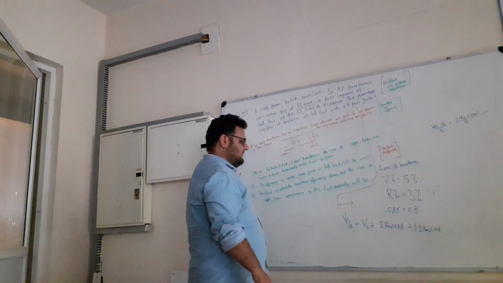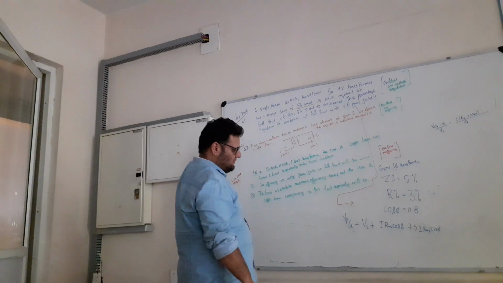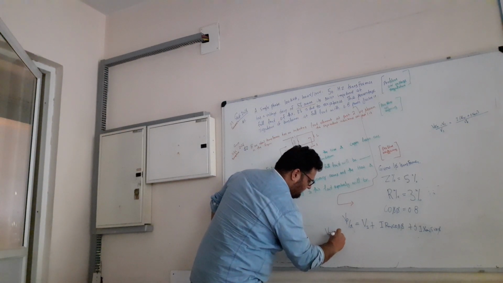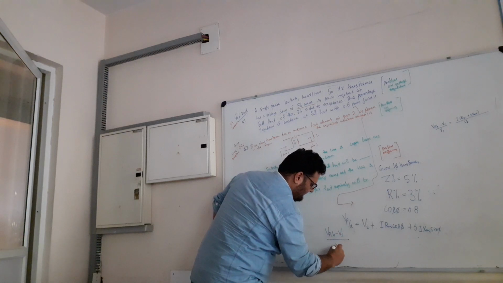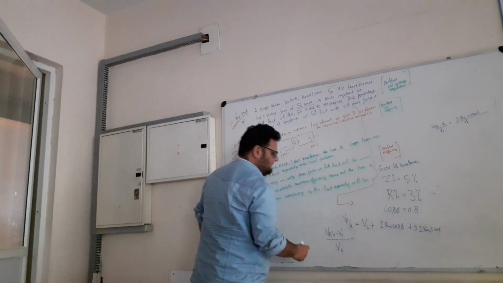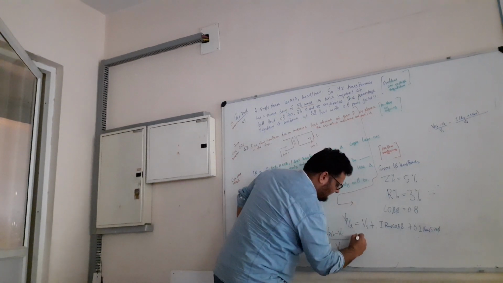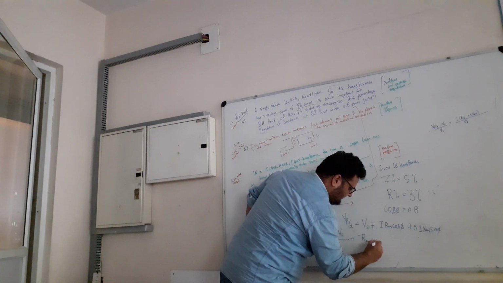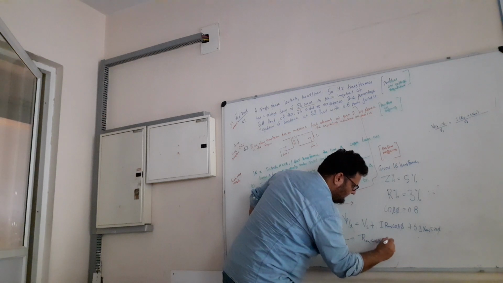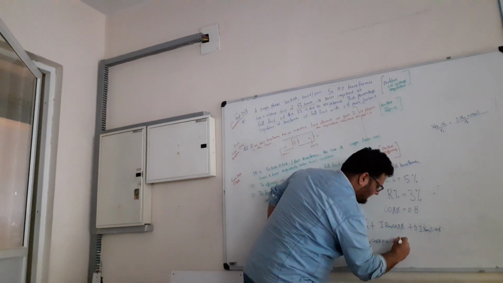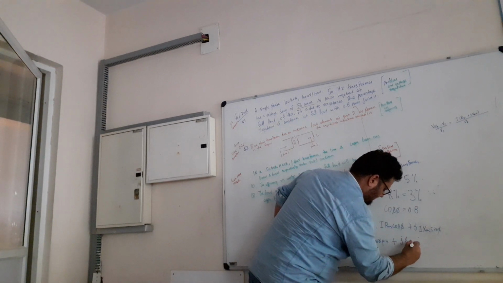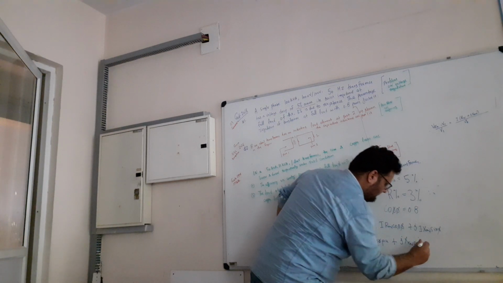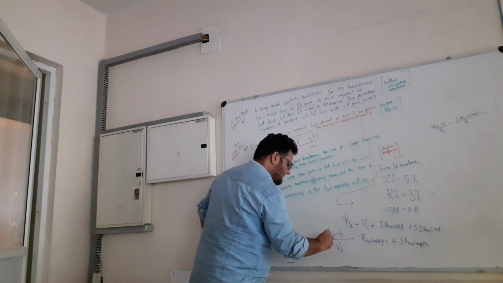If we want the per unit regulation, I can take Vp by A minus Vs divided by Vs. If I do this, I will get R equivalent cos theta per unit plus X equivalent sin theta per unit. That's it. This value is the regulation value.